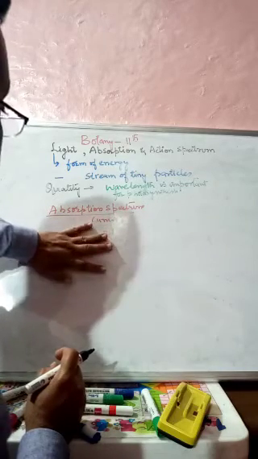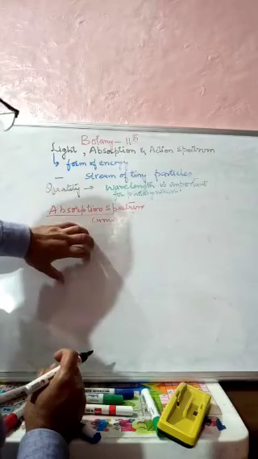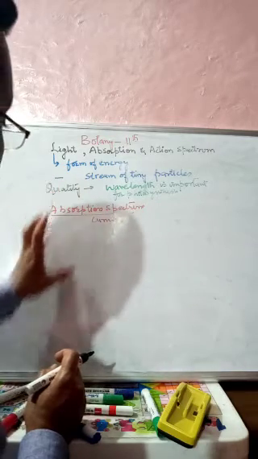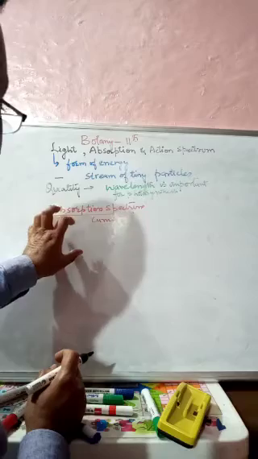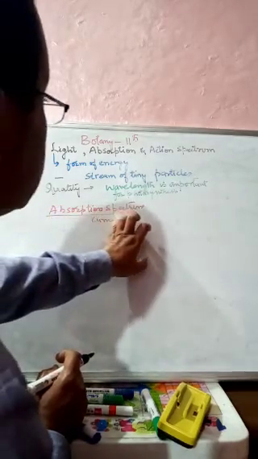A pigment absorbs light at different wavelengths, and when we draw the graph, we get the curve. That curve is called the absorption spectrum.